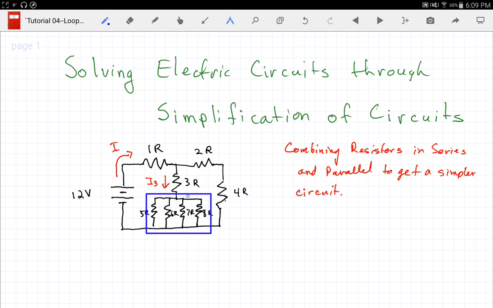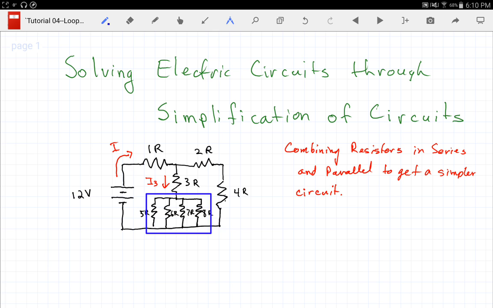And then those are in series with the one above it, 3R. And then that combination of 3R and the parallel ones is in parallel with the series combination of 2R and 4R.